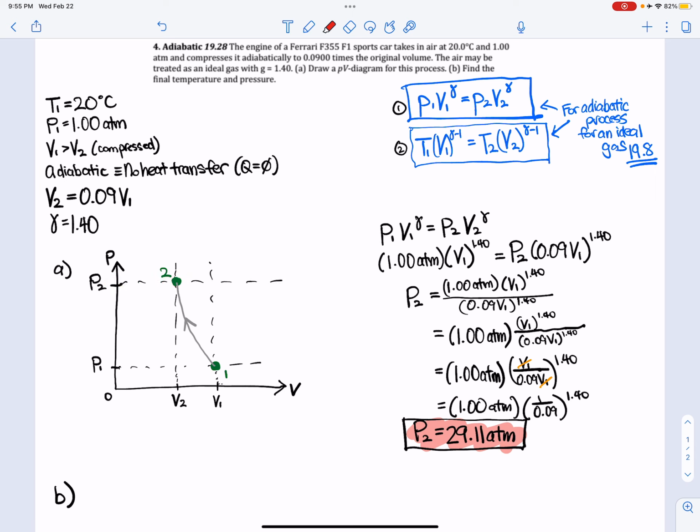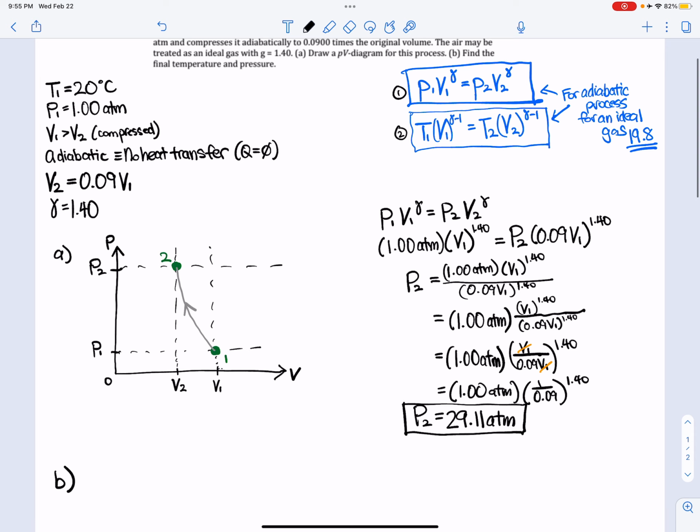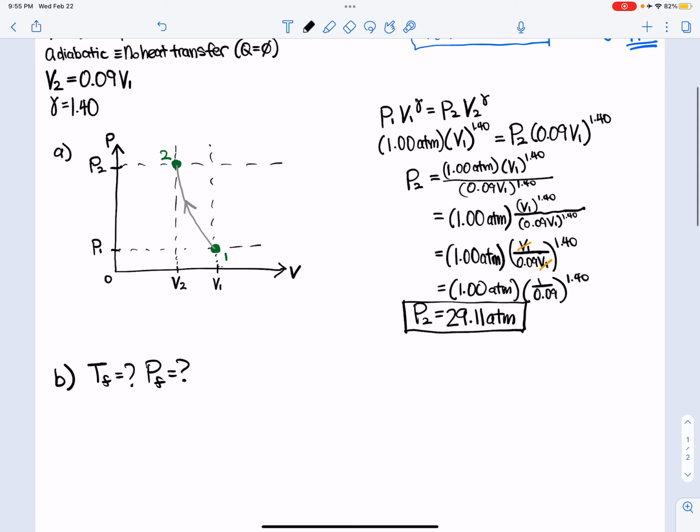So actually we already answered part of part B. So now let's find final temperature, TF, and final pressure, PF. Well, we just found the final pressure in part A, so I'll just write the answer. Final pressure is 29.11 ATM. Okay.